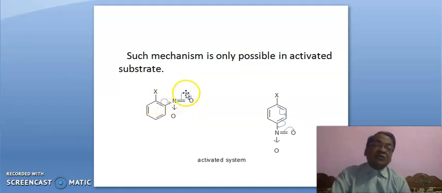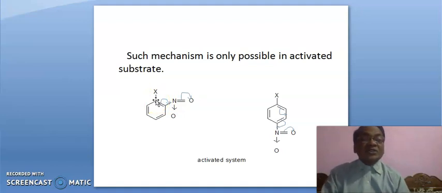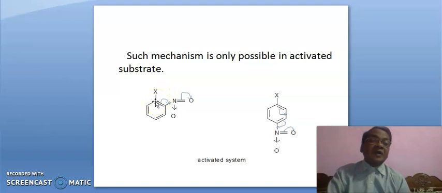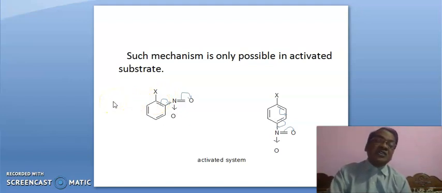This pi bond will break in this fashion, leading to positive charge at this nitrogen, and so this pi bond will break in this fashion, leading to positive charge at this carbon to which X is attached. So the nucleophile will attack at this carbon easily, and in this manner the SN2 mechanism is seen.